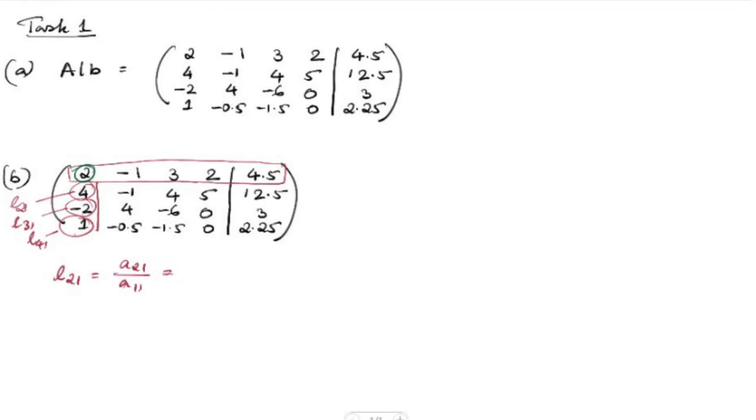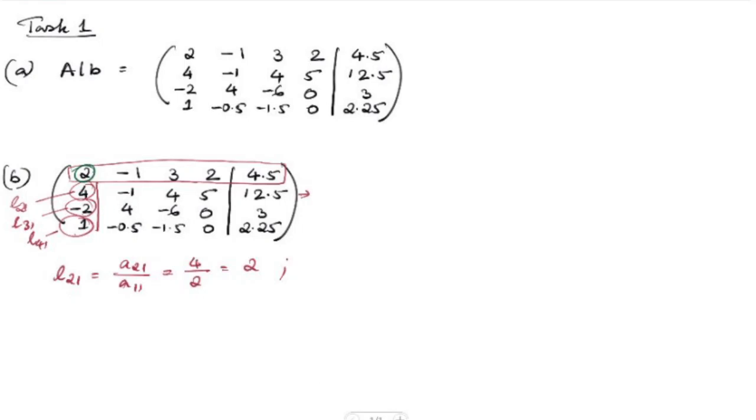So here A21 is 4 divided by 2, so we get L21 as 2. We will use L21 now to write an operation for row 2. The L21 was found for row 2, so this will be used for an operation on row 2.